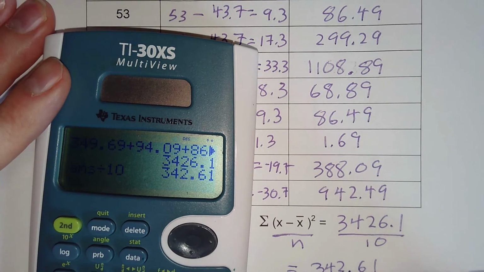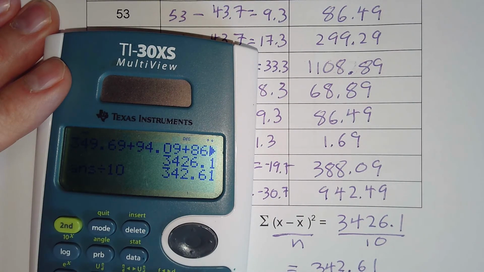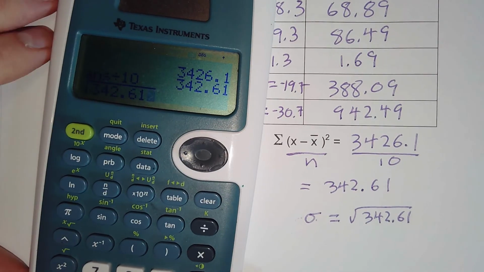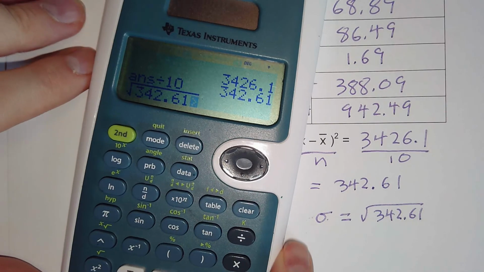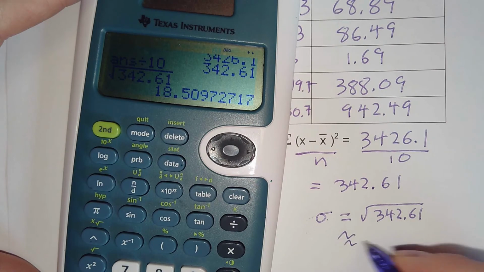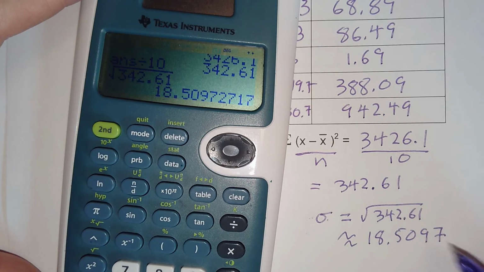Sorry, we're actually doing a population, so I should use our omega symbol. So we're just going to put that underneath the square root and hit enter. So 18.5097. And our units here would be students.